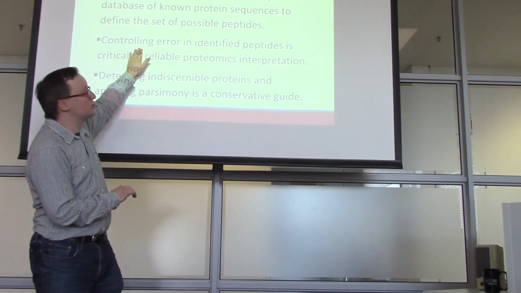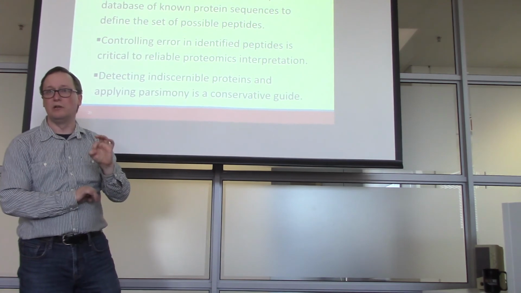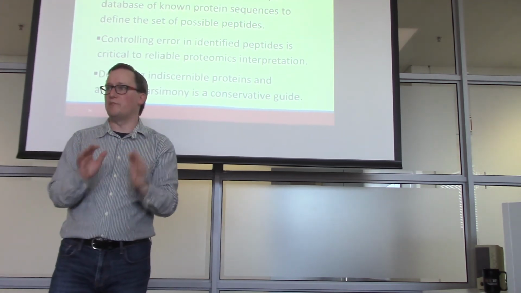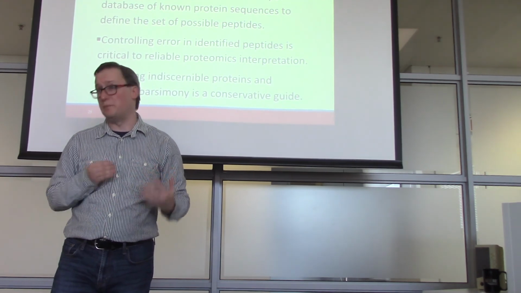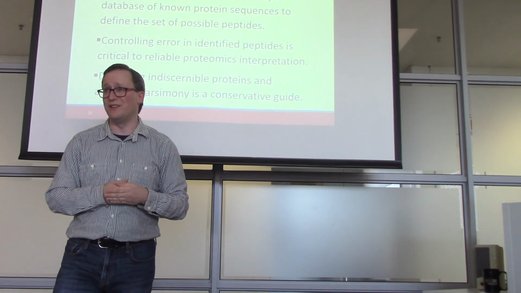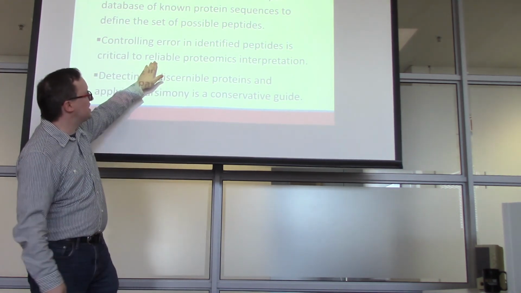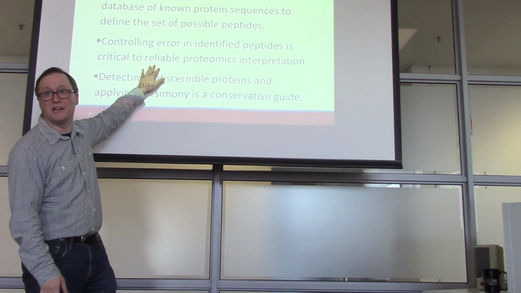Next, controlling the error in the identified peptides is absolutely critical. In fact, if you don't apply some sort of method that gives you an estimated false discovery rate, you won't be able to publish in most of the journals that serve the proteomics field. So everyone must be able to control the false discovery rate among their accepted peptides.